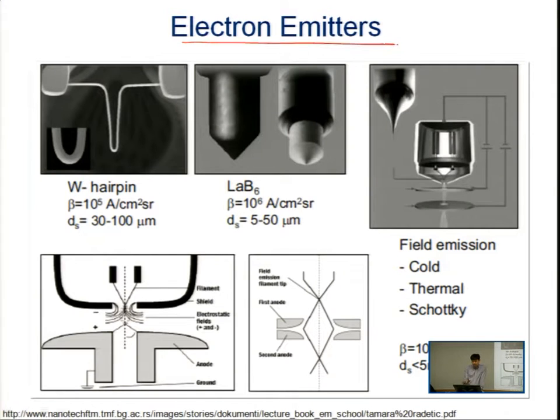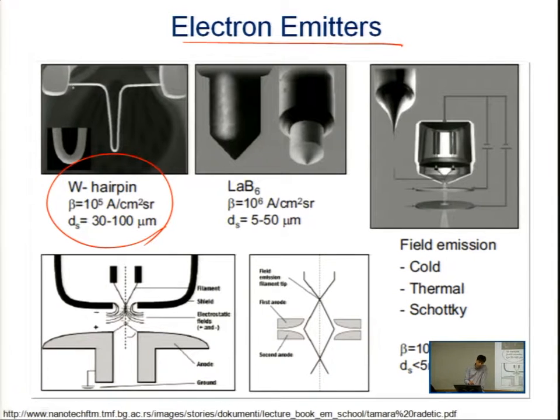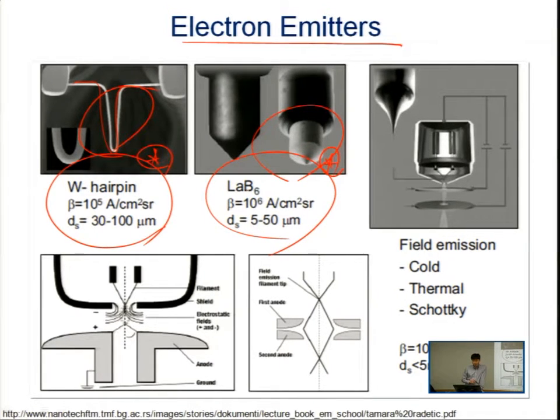So this is an example of the electron emitter. This is the tungsten hairpin, and its shape looks like this. LaB6 is another kind of emitter, and both tungsten and LaB6 generate thermionic electrons by heating these sources with electric current.